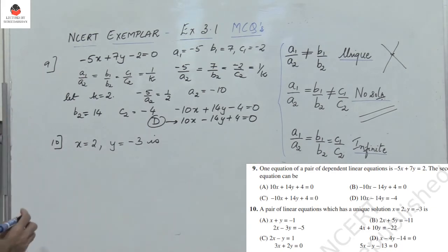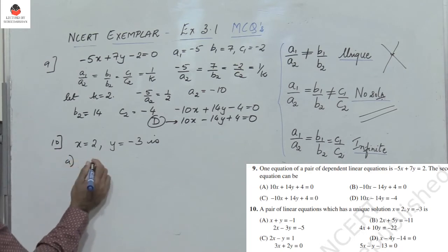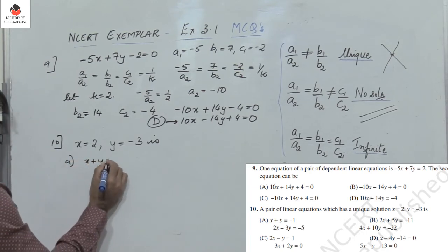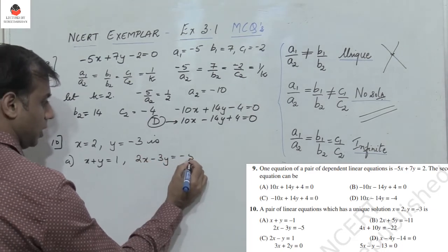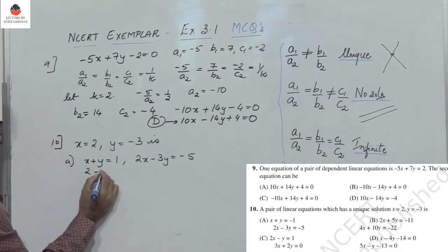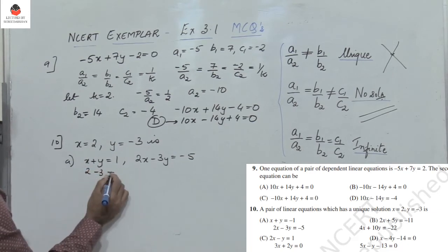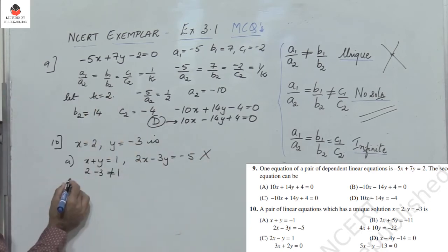So let us check for the first one. For A, we have x plus y equals 1 and 2x minus 3y equals minus 5. Let me substitute these values of x and y here. So 2 minus 3 is minus 1, definitely not equal to 1. So option A is not possible.